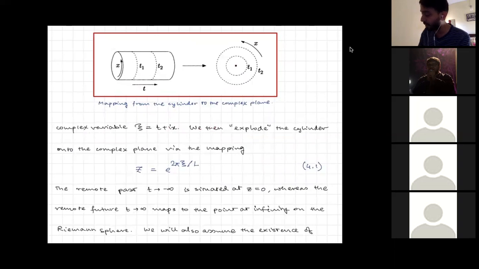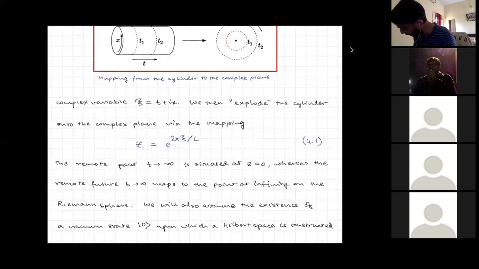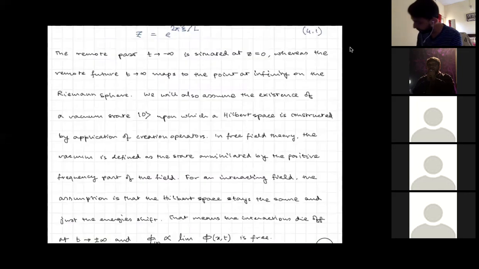So for each t you are going to get some circle out here, and as t increases, the radii of the circle will increase. By radial quantization, we mean this essentially. The time direction is in a sense replaced by these guys. So equal time slices are equivalently circles of constant radii on the z plane. That's something that we want to stress.